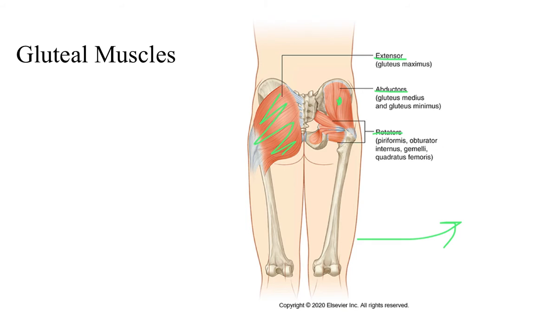And what that's going to do is rotate the hip outward. So what you would do is see your thigh rotate in this direction. And those are going to be our piriformis muscle right here, our obturator internus, which is right here, our gemellus muscles, or gemelli, plural, as well as our quadratus femoris, which is right here.